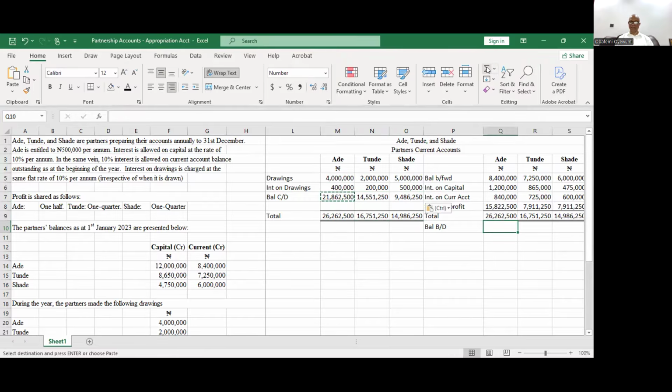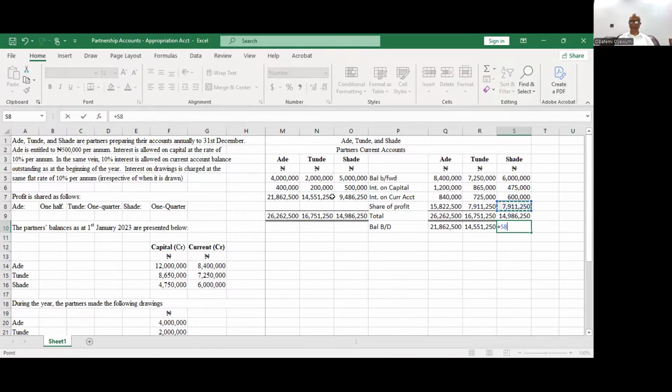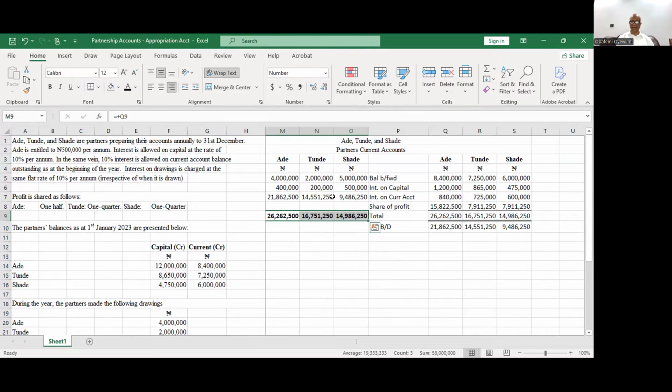So the balance brought down will be what we have as balance carried down, in the column for Ade. So we have the same, we have 21,862,000. And then we have this figure there. And then we have this for our gentle lady Shade, there.